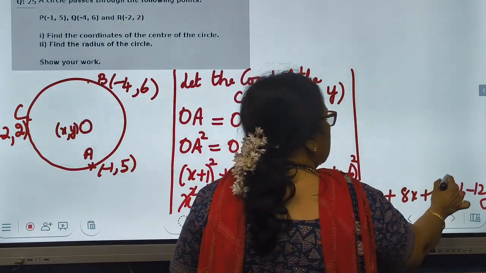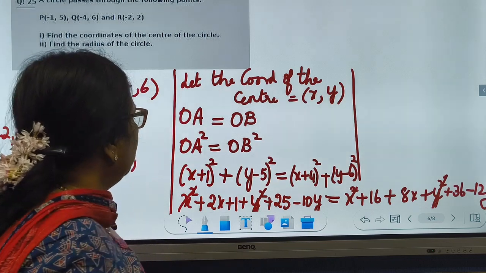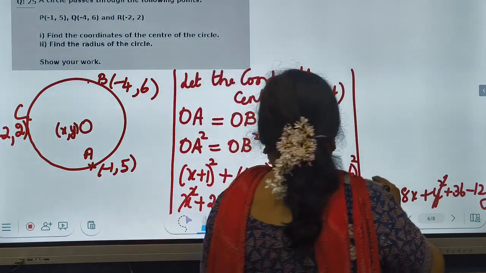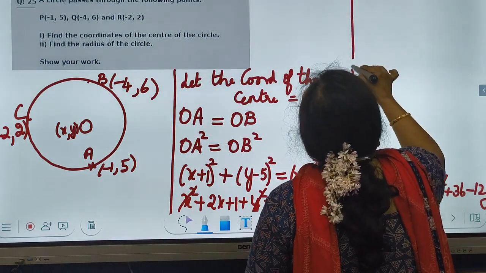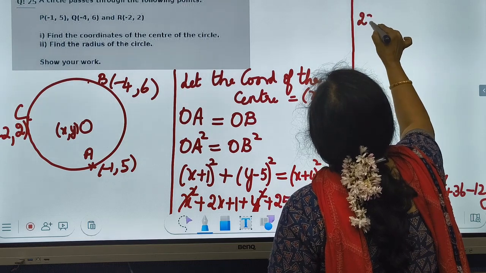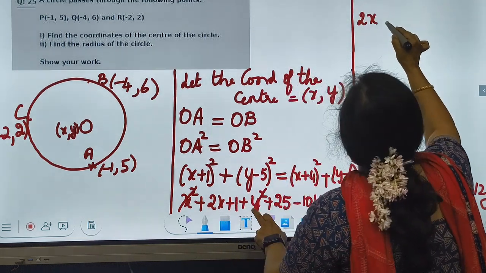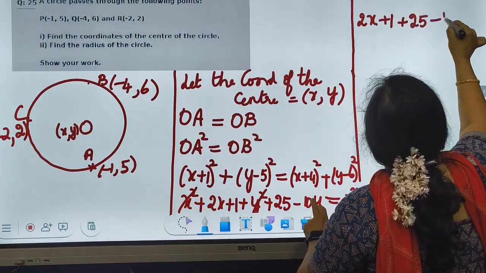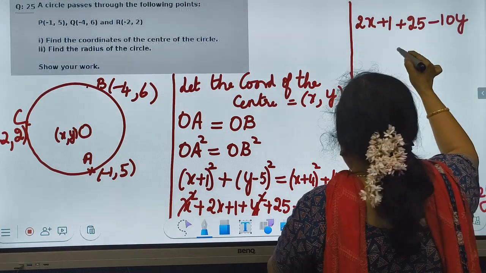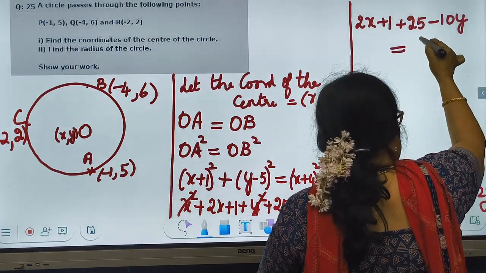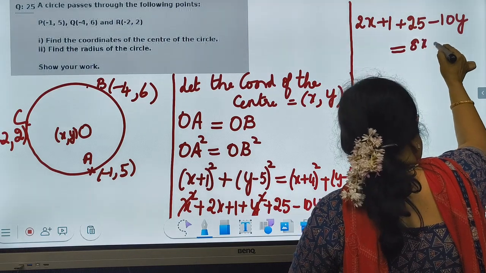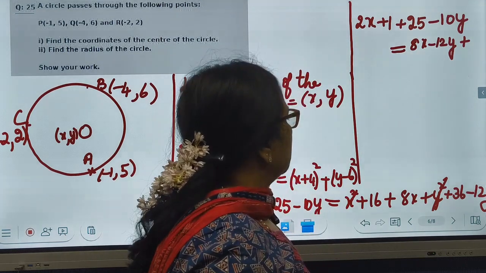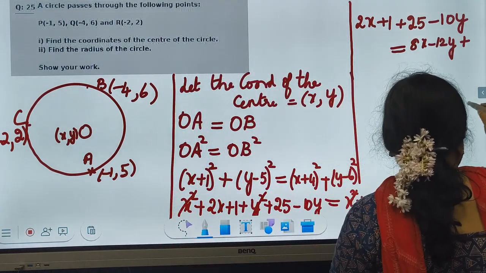Y square gets cancelled. Then what do we have? 2x plus 1 plus 25 minus 10y is equal to 8x minus 12y plus 36 plus 16, which is 52.